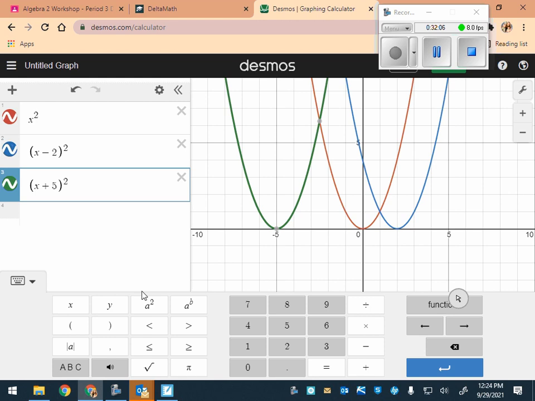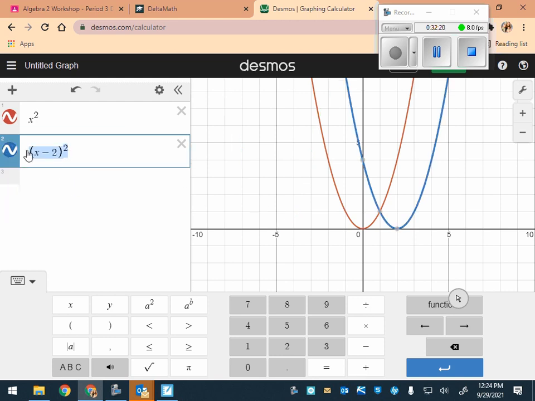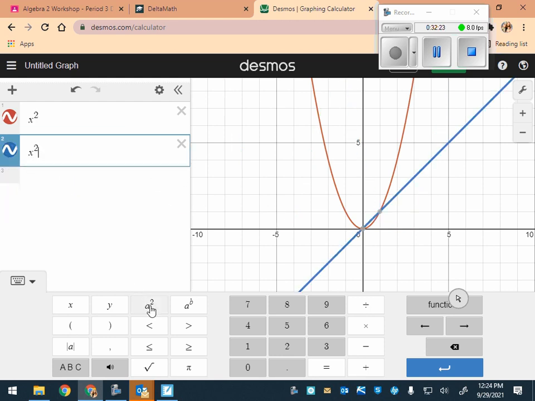So now, the last piece is our k value. So if you notice, h is inside parentheses. K is on the outside.